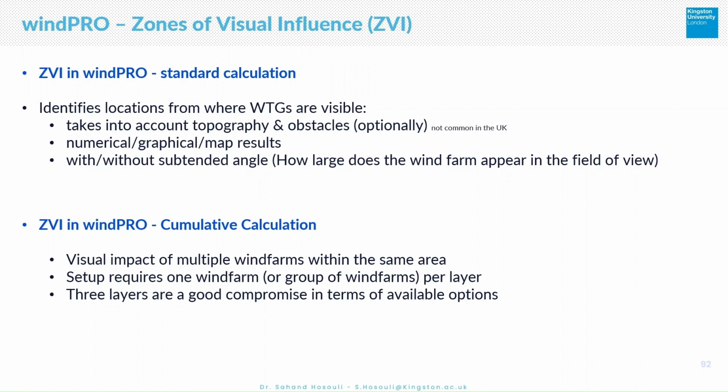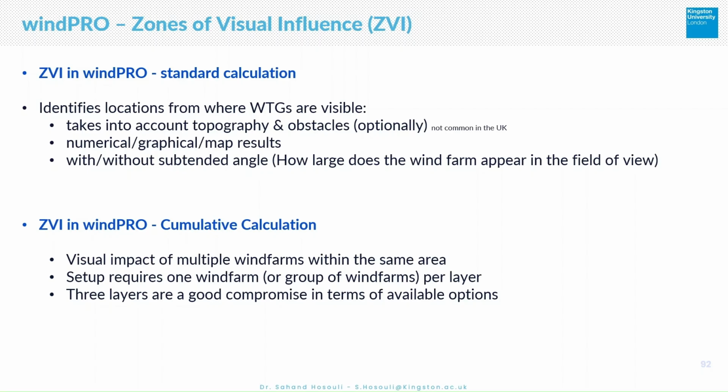But in the UK, we just assume the bare earth model, which means that we only consider the shape of the terrain affecting visibility, and we don't consider any other obstacles like buildings or trees. It will give us numerical, graphical, and map results similar to what we had with noise and shadow, and it can be done with and without subtended angles. Basically, how large does the wind farm appear in the field of view? We will not do this today, but it is also possible within the software.